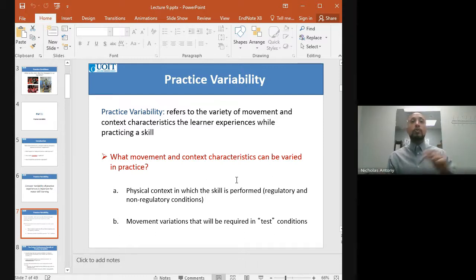So what sort of things can you alter? Right now, it is easier to consider sports that we're familiar with, but what about rehab environments, or when you're training very specific work type motor skills? What kind of things generally can you vary in practice? Okay.